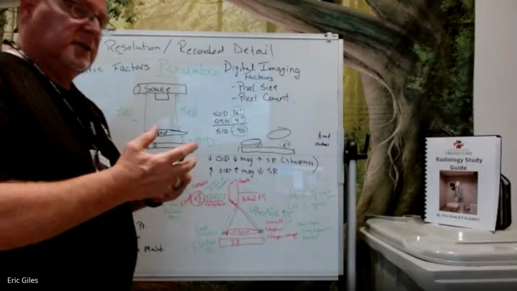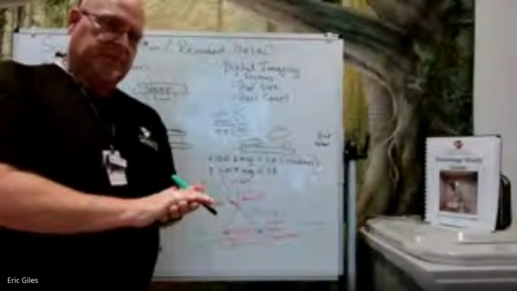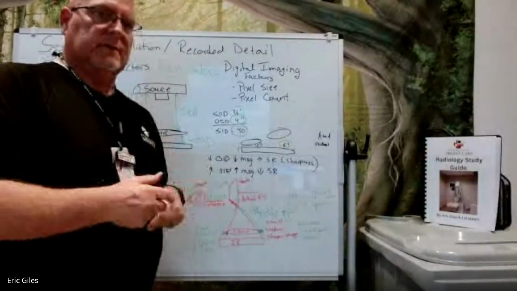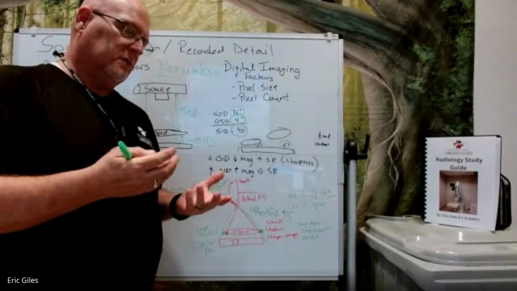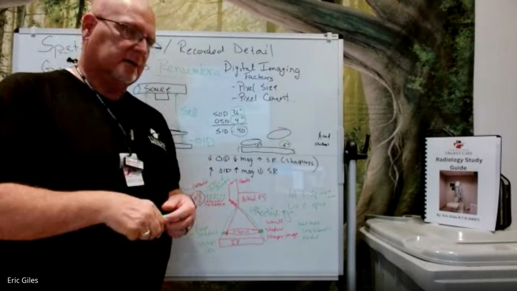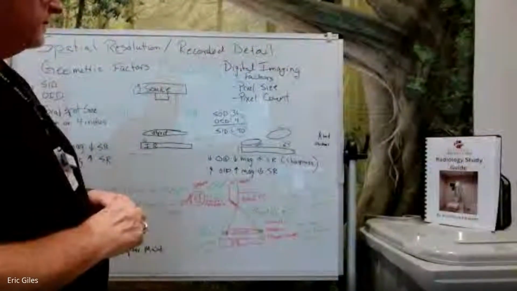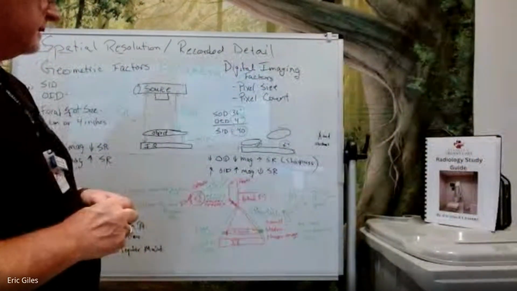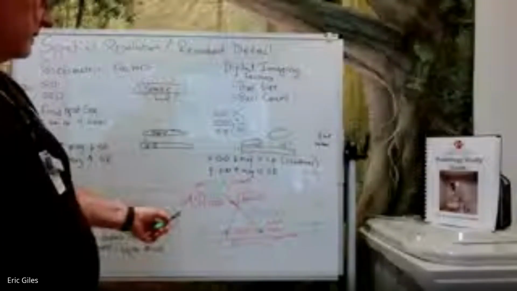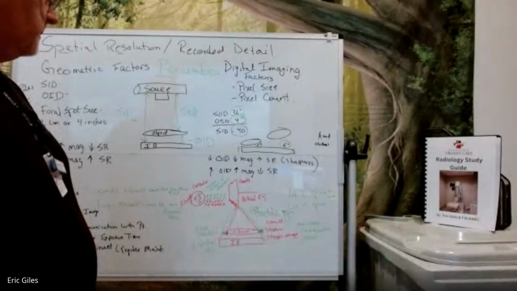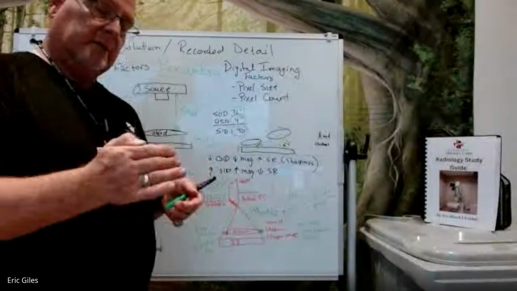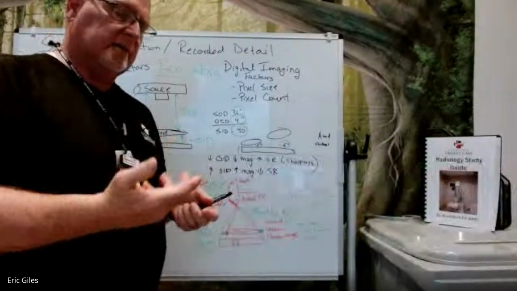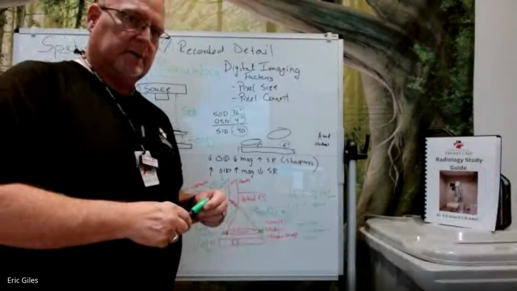So the closer we can get our patient to the image receptor, the better our picture is going to be, and the more to scale our image as far as size of the image that you're trying to take. And we also talked about focal spot size, paying attention to selecting your focal spot size according to the size of the body part that you are x-raying.